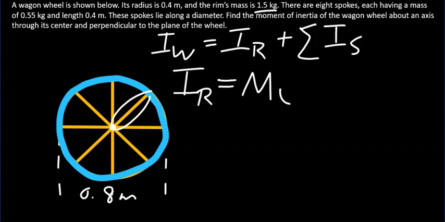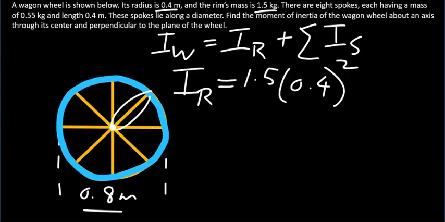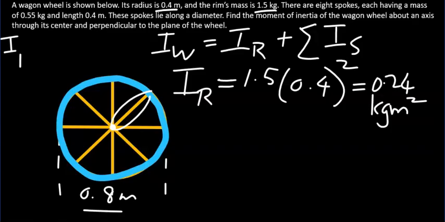We know the diameter is 0.8, so the radius is 0.4, so 0.4 squared. The mass of that rim is 1.5 kg, and that's going to give you 0.24 kg meter squared. So we have the first contribution. So the rim part contributes 0.24 kg meters squared.